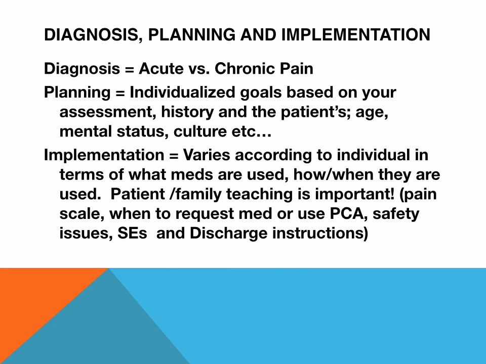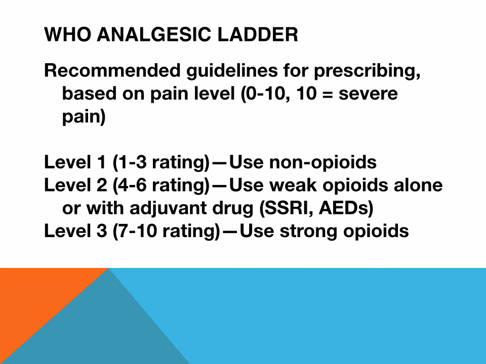You should also always teach patients about the major side effects of the pain medication you might be giving. And when patients go home with any pain medication orders, the discharge instructions by the nurse should also be very clear. Let's go to the next slide.